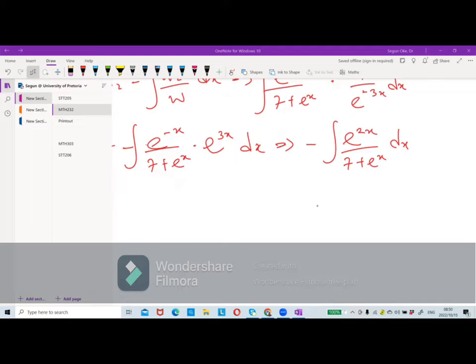Okay, do you remember this law? This way of solving it, x over x plus 2. If I want to solve this one, I want to break it down and simplify it, I can say x plus 2 over x plus 2 minus 2 over x plus 2.